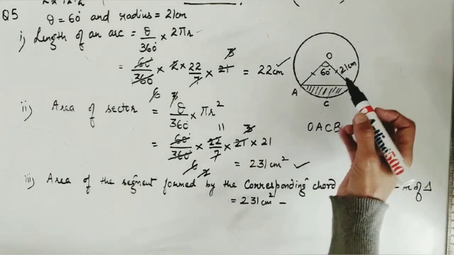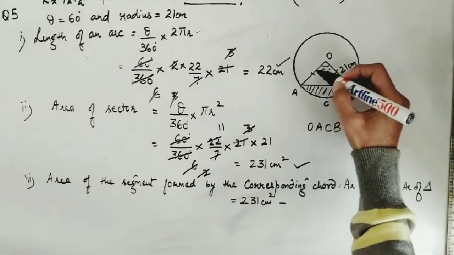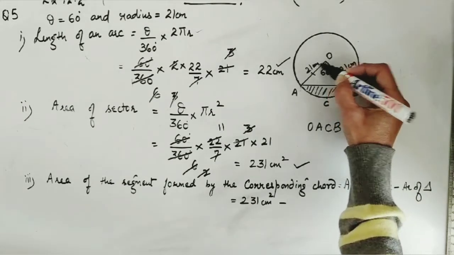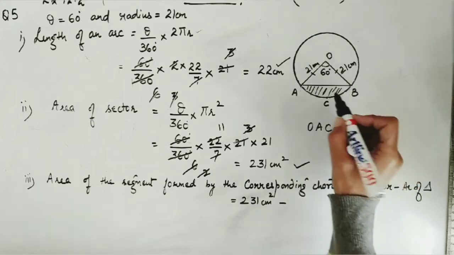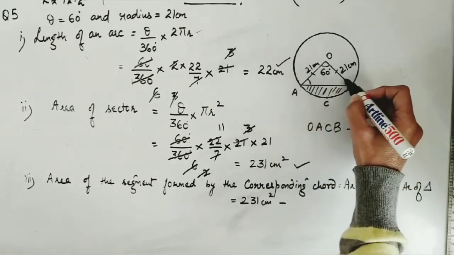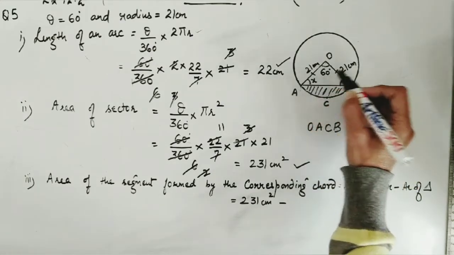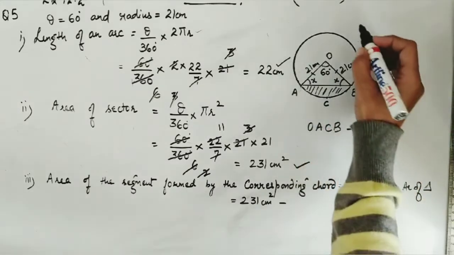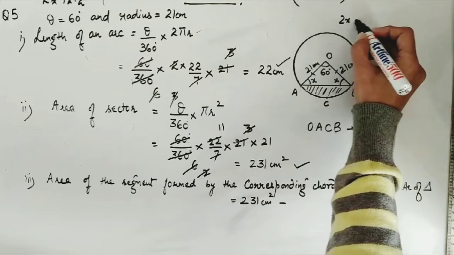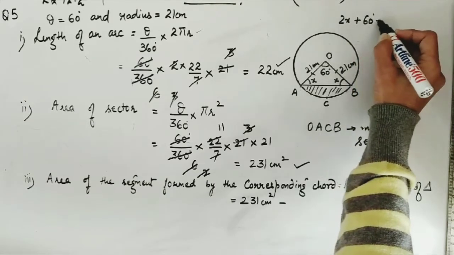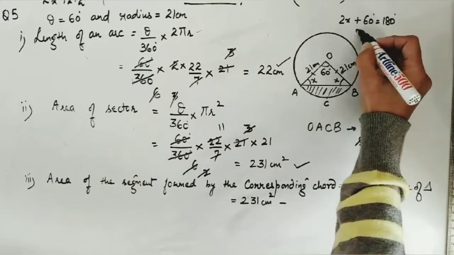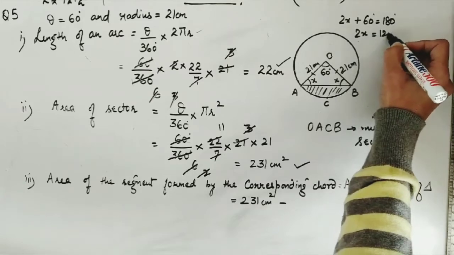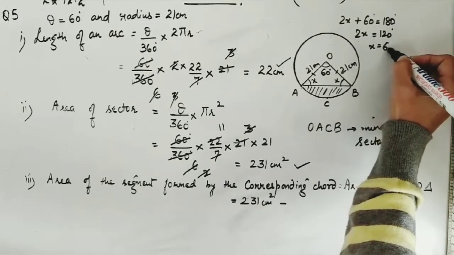Since this is easy, because I would say this is 21, this is also 21, since these two are radii of the circle. So these angles must be equal. If we mark these angles as x and x, then applying angle sum property, it would become 2x plus 60 equals to 180, and 2x would be 120, and x comes out to be 60.